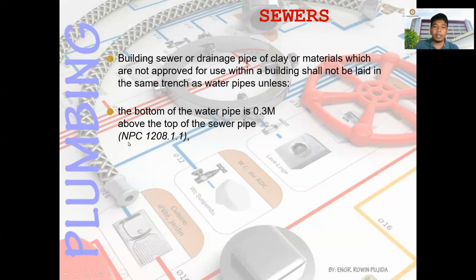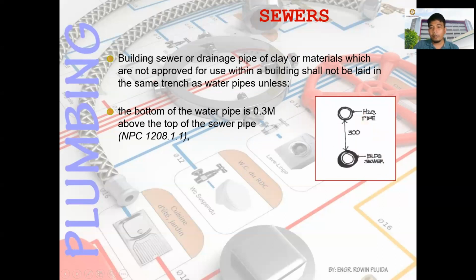This is from the National Plumbing Code 1208.1.1. So this one, from the water line that is below, you have this as your water line, 300 millimeters below, or that is 0.3 meter below, is your building sewer.